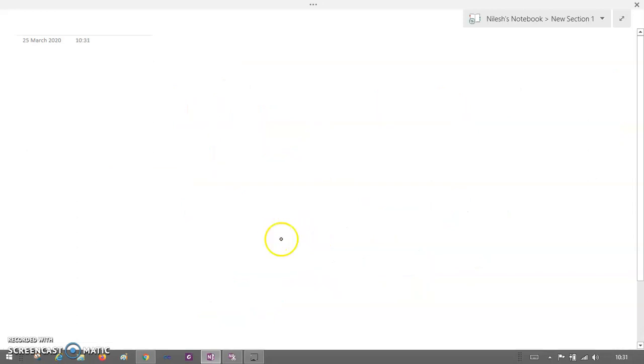So what do you mean by probability density function? I will write it down here: PDF.